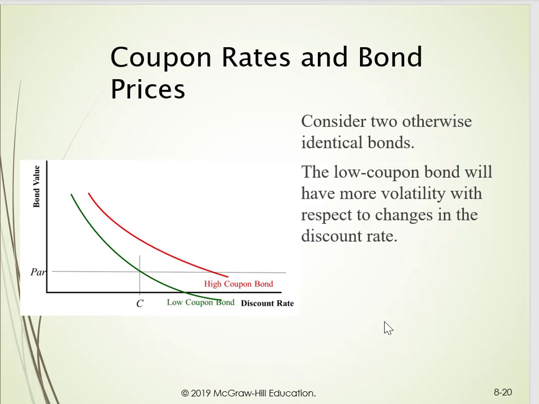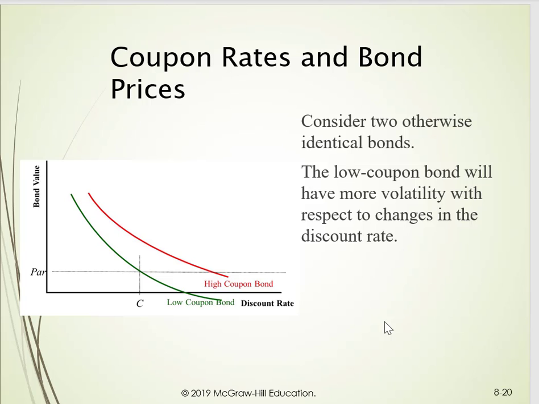And indeed, if you look at low coupon bonds, they have a steeper slope than high coupon bonds. So this just completes our discussion about the influence of interest rate risk on bond prices.